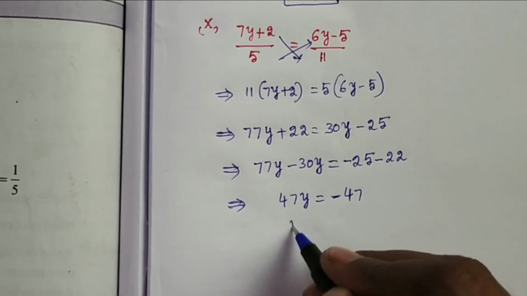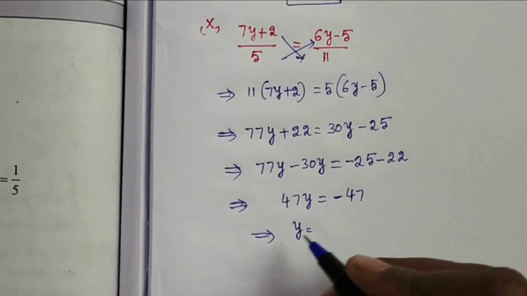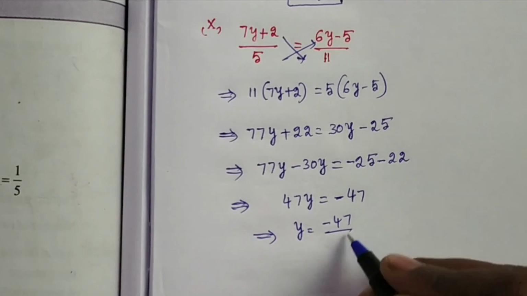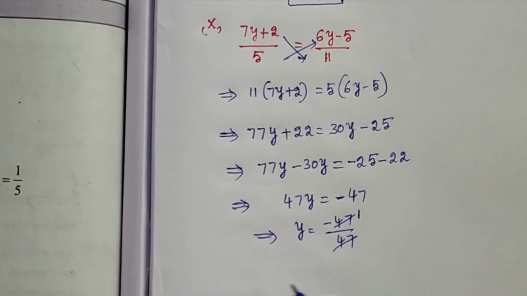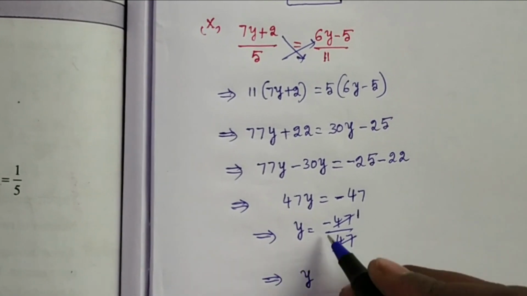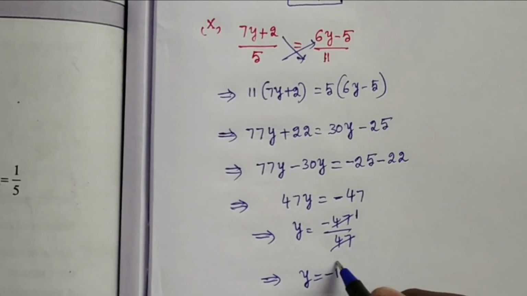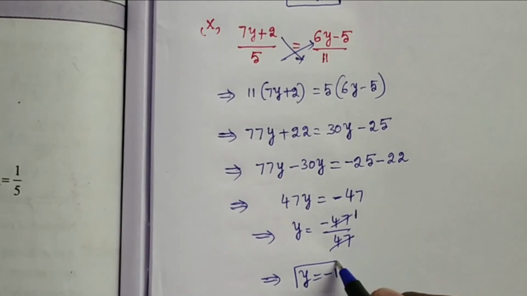So y is equal to minus 47 by 47. 47 in 47, one time will cancel. So y is equal to, already minus is there, so y is equal to minus 1.